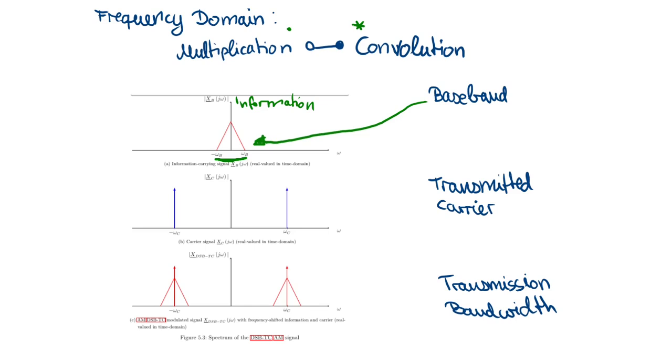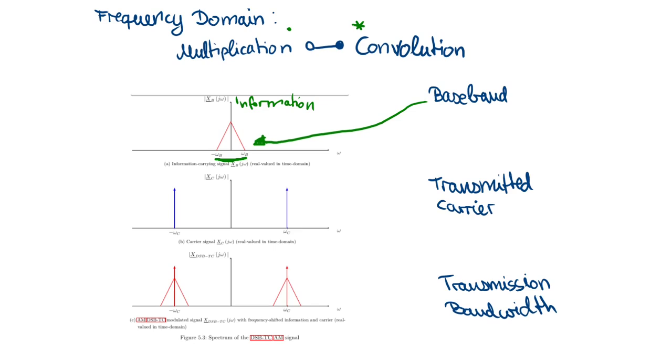We won't use the term baseband here too much, but we will come back to this later when we speak about mixing. This information can be, for example, our spoken voice, and the baseband is then limited by 20 kilohertz, for example. And now in the time domain, this information is multiplied by the carrier signal, and in the frequency domain, this means it is convolved.